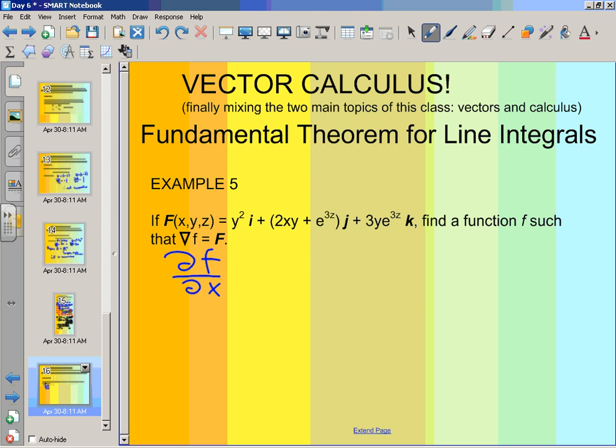And so what I mean is that df dx is still going to be kind of our first term, our p, and the df dy is going to be that q term, which is going to be 2xy plus e to the 3z.